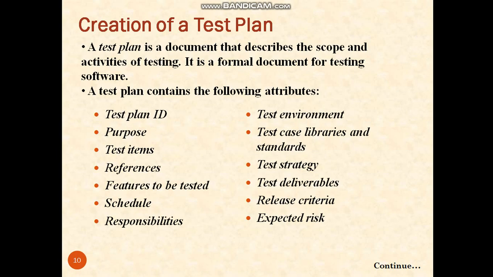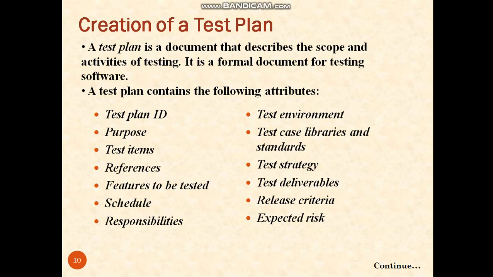Then test deliverables. The test deliverables are specified in the test plan before testing the module. It includes the test cases, test scripts, defects, defect logs, test reports, etc. Then one more is release criteria.